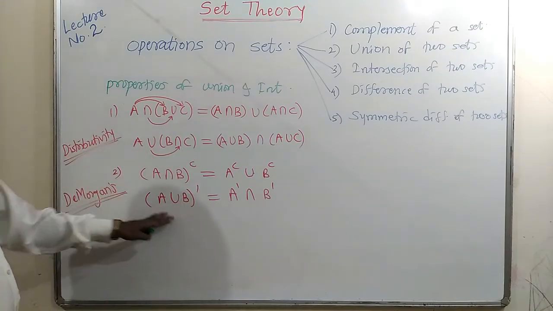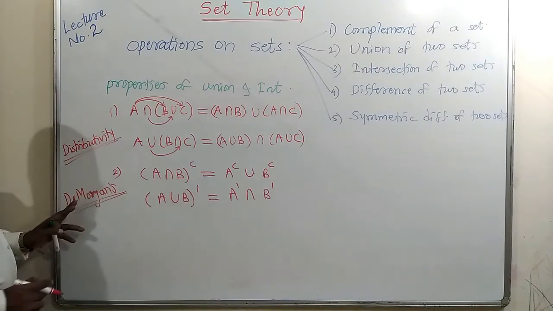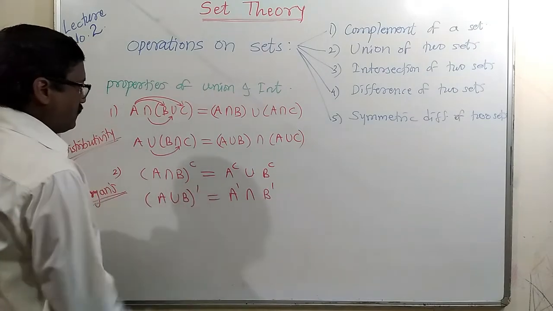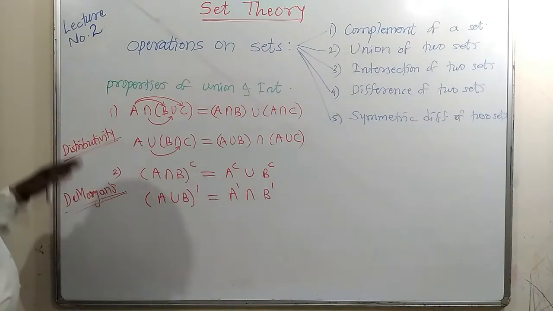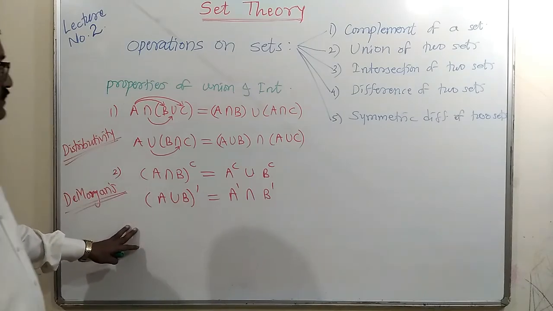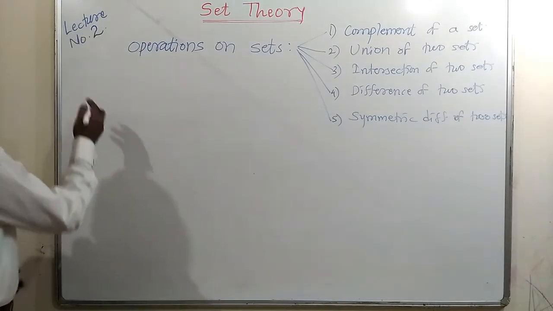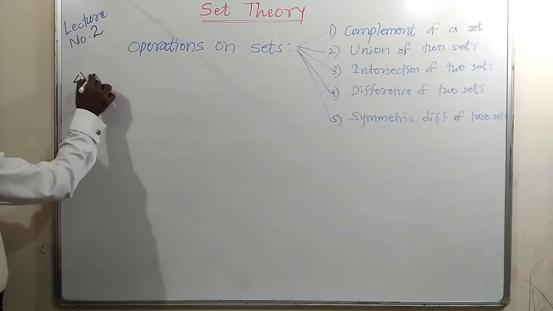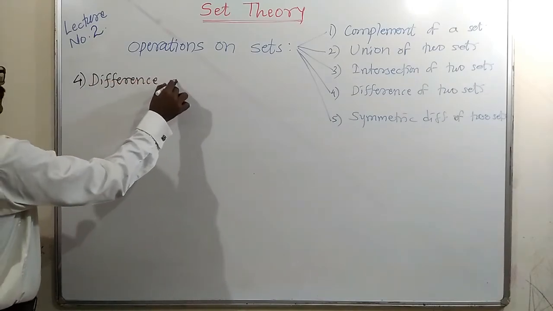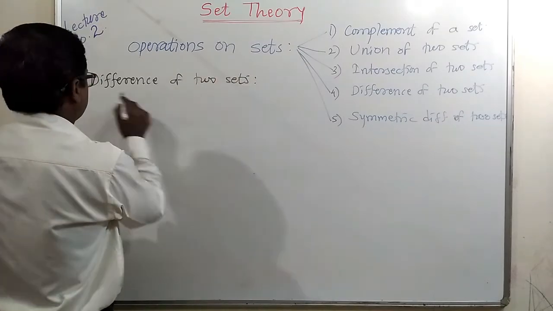These are known as the famous De Morgan's laws. These laws are given by mathematician De Morgan. So these are the two combined properties of union and intersection of two sets. Okay. Let us move towards the next, that is the fourth one, difference of two sets.